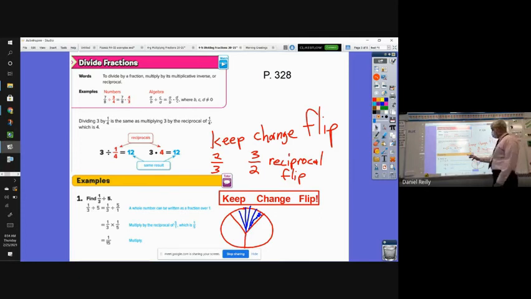So this one is obviously dividing by a big number, not dividing by a fraction, right? 1/3 divided by 5 is the same as 1/3 times 1/5.